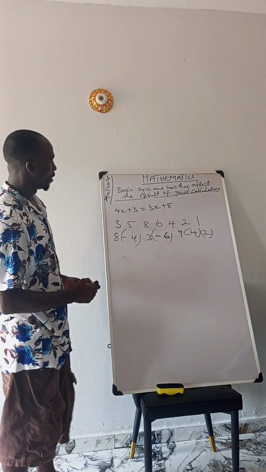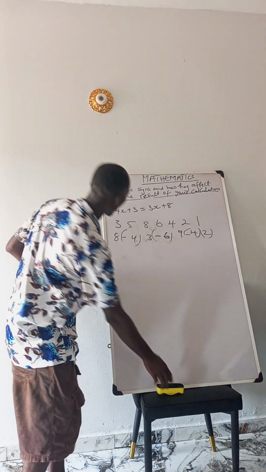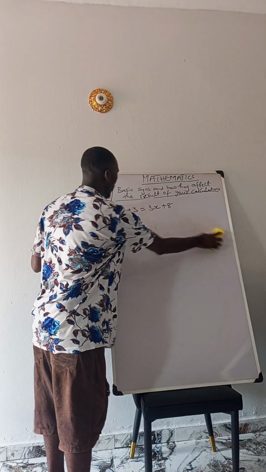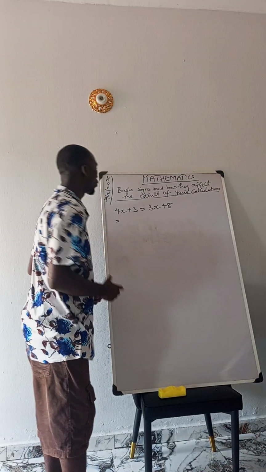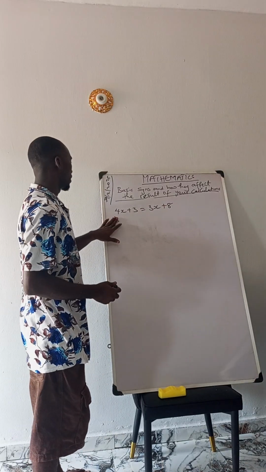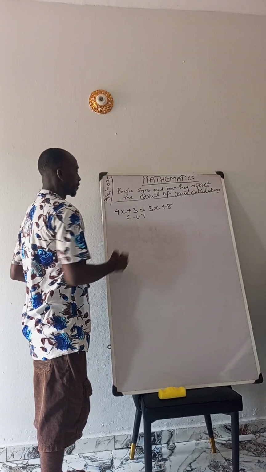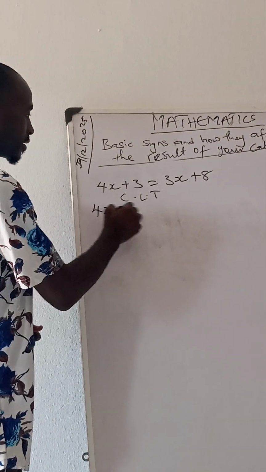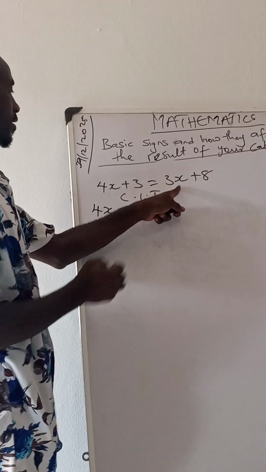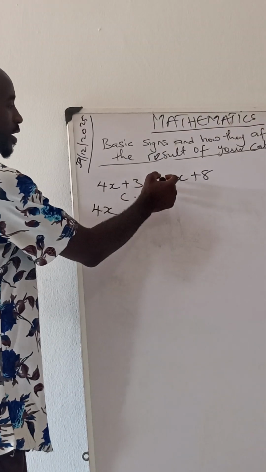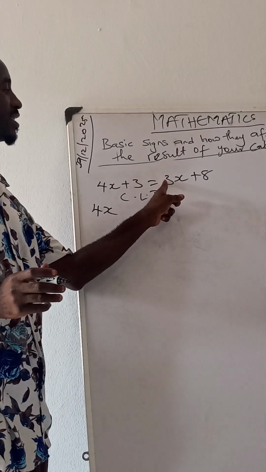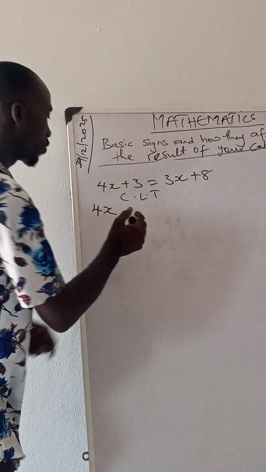A positive number. So if you look at this equation, it is 4x plus 3 equal to 3x plus 8. Now, if you are to collect like terms, it will be 4x. Now, this is 3x. When 3x crosses to this place, because it is standing on its own, which is a positive number, it will change to what?